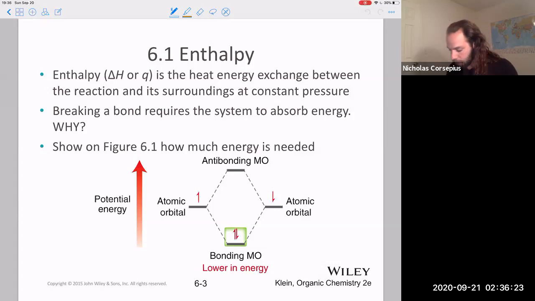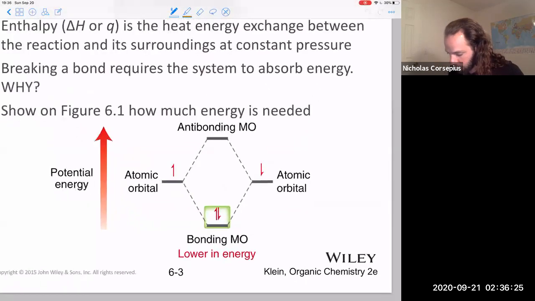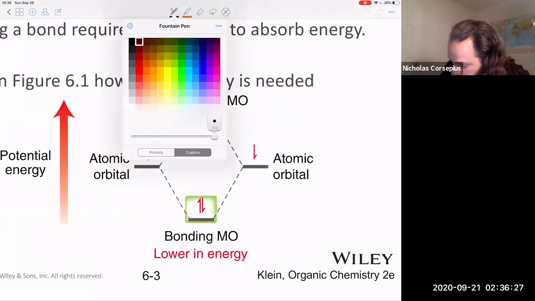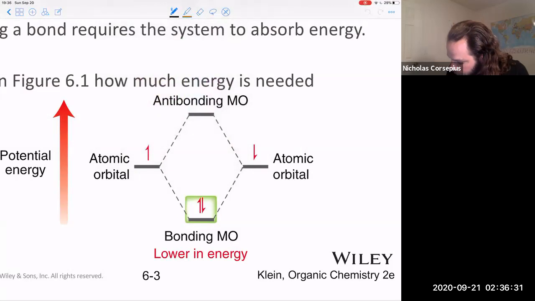So what do I mean by that? Well, let's just remember here, right? We have our little bonding orbital diagram here. What does this represent? Over here, these are the atomic orbitals. This would represent, let's say, hydrogen all by itself with its one electron, and another hydrogen all by itself with its one electron. Then they come together and form that covalent hydrogen-hydrogen bond.